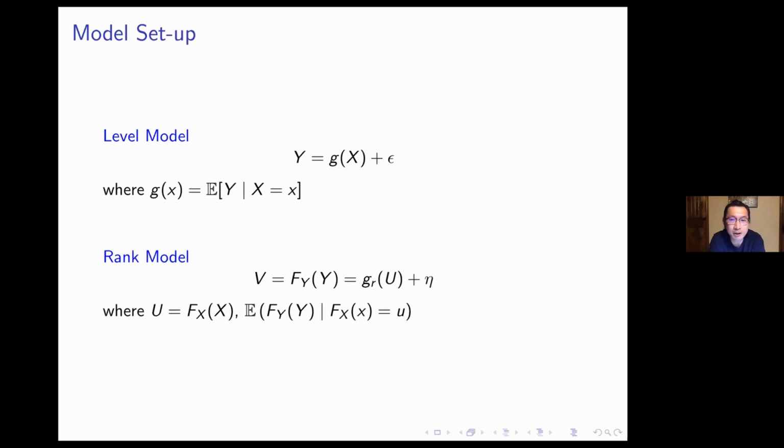For the rank regression, V is the rank of the child income, and U is the rank of the parental income. They could be linked to each other in a nonlinear fashion as well. So these are the two things. The difference here is G_R. G_R is a nonlinear process for the rank, and G is a nonlinear process for the level.